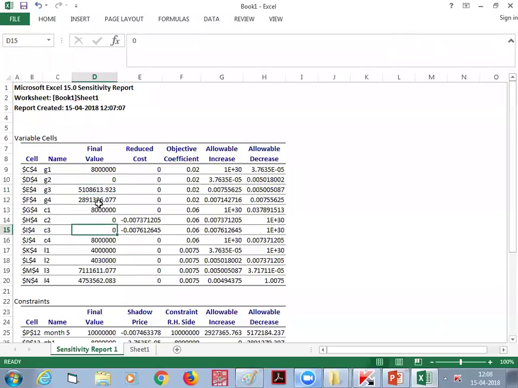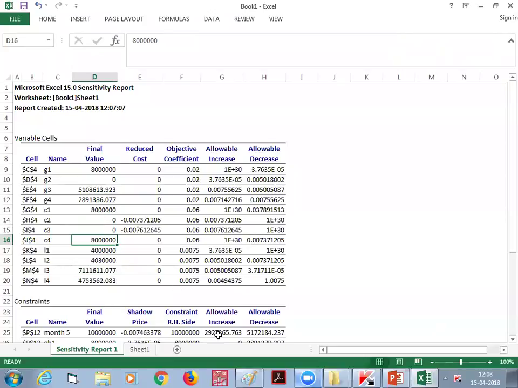Then in the fourth month, again we'll get something in construction loan from local loans. Invest 2 million in government bonds, and 8 million in construction loan.